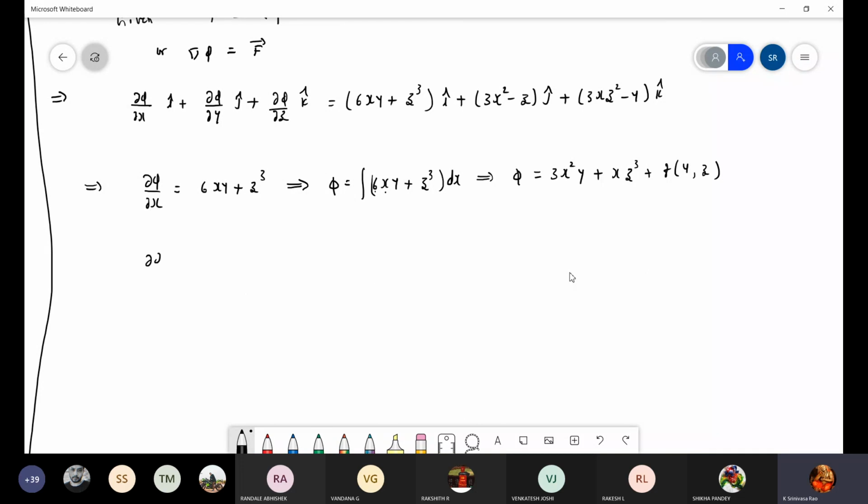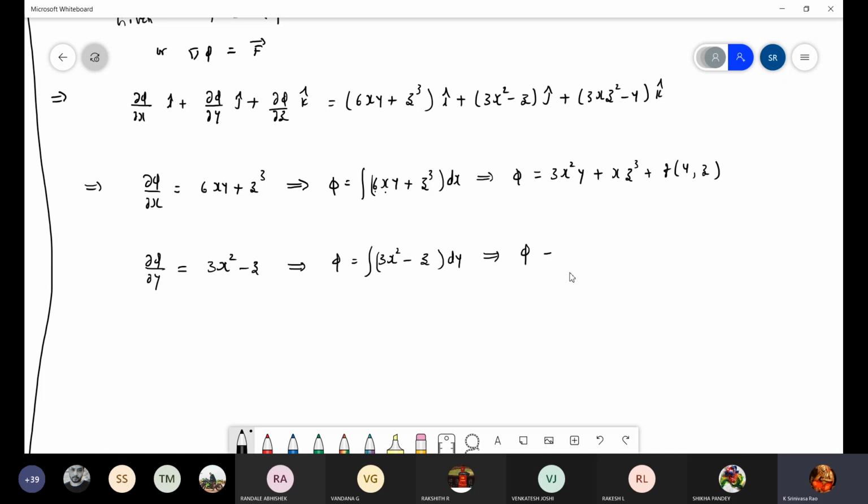Similarly, dou phi by dou y equals 3x square minus z. That implies phi equals integration of 3x square minus z dy. So with respect to y we have to integrate.